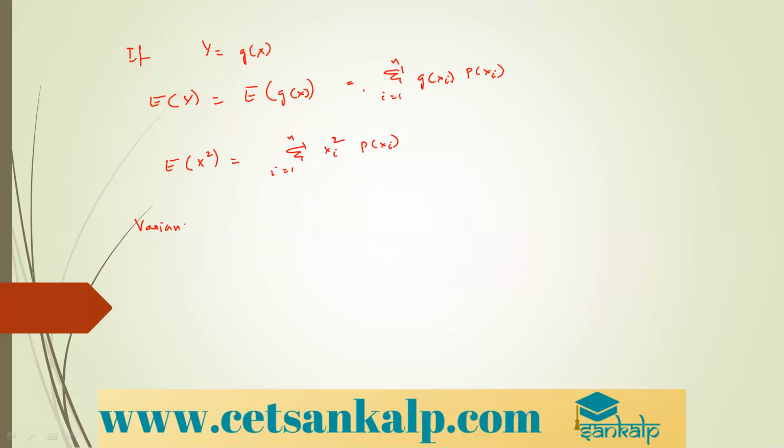Then variance, that is V of x, or sigma x square, will be E of x square minus E of x whole square. Standard deviation.